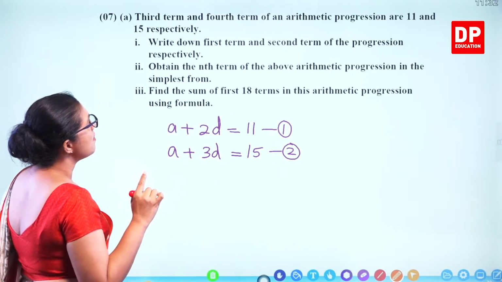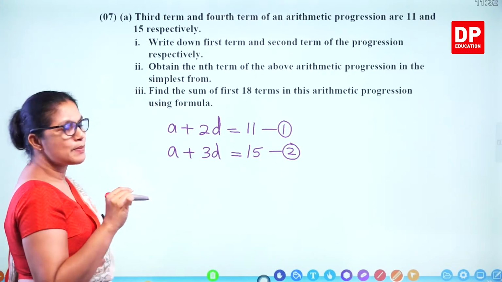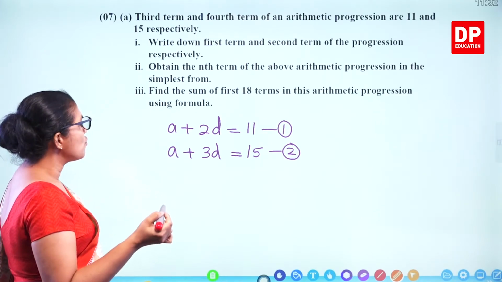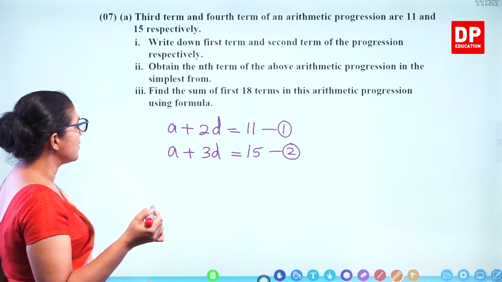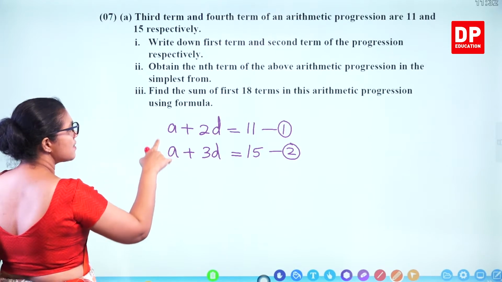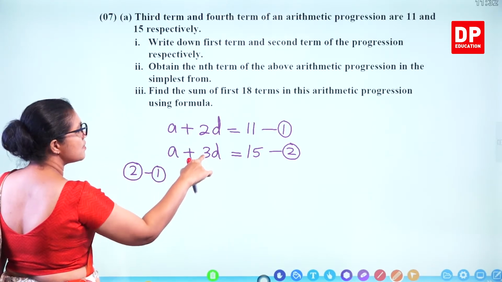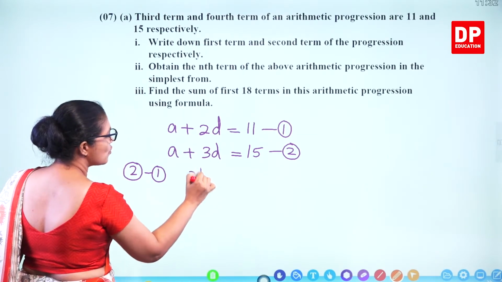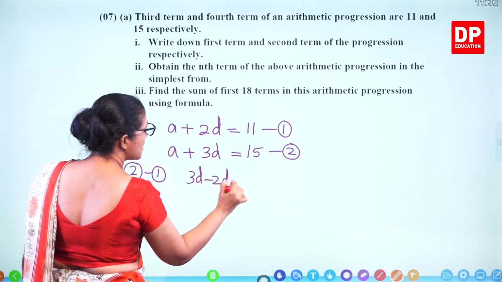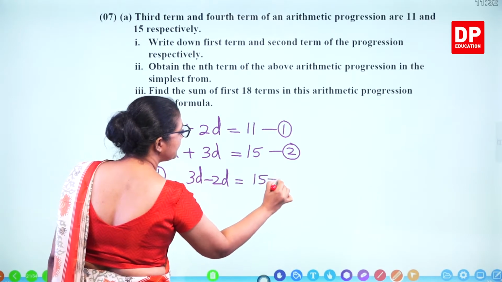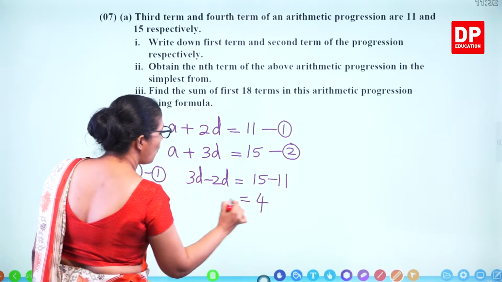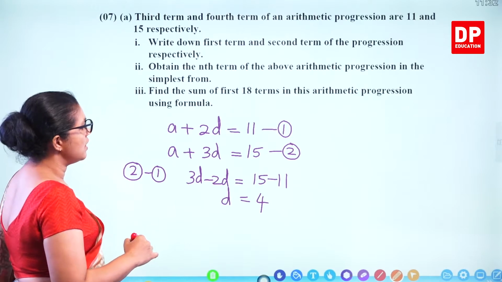Write down the first term and the second term of the progression respectively. That means we have to solve the simultaneous equations. So we'll subtract 2 from 1 because this is bigger. 3d minus 2d equals 15 minus 11. You get 4 is equal to d.